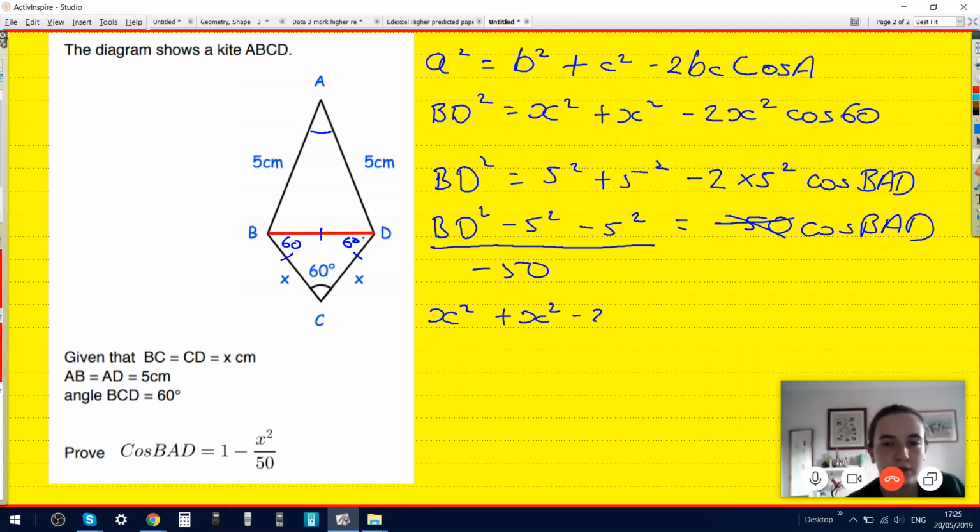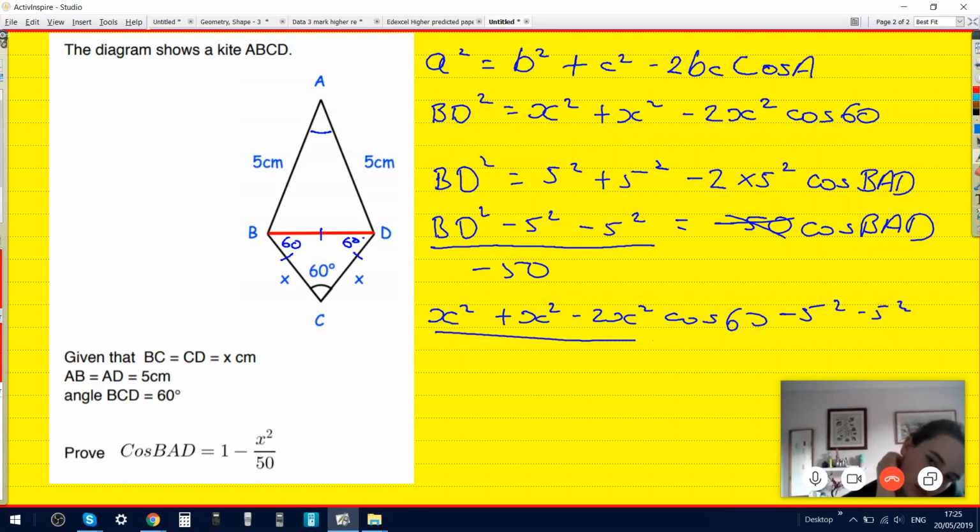Yeah. Squared equals 50. And that's minus 5 squared minus 5 squared all over minus 50. And then you just have to simplify this whole thing.